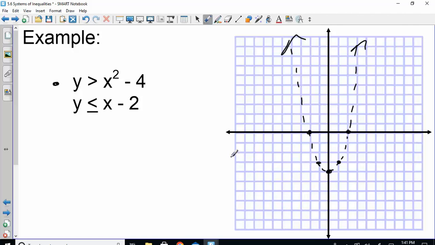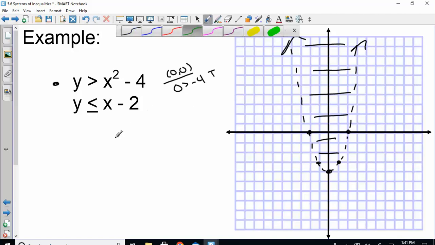Do you know where you would shade on this one? Inside. If you weren't sure, try (0, 0). You get 0 is greater than -4, which is true. So (0, 0) works, so the inside of my parabola is true. Second one is just a line. Y-intercept -2.